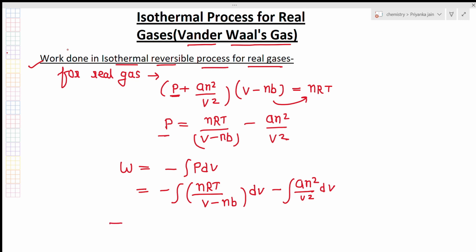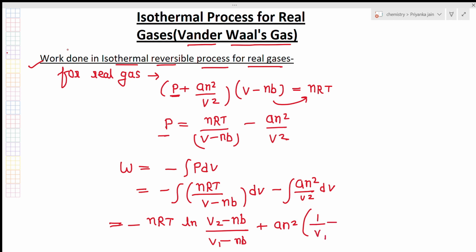Alright, now you have to do the integration. What you are getting is W = −nRT ln[(V2 − nb)/(V1 − nb)] + a n² (1/V1 − 1/V2).